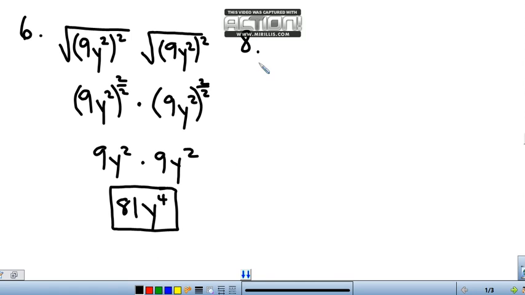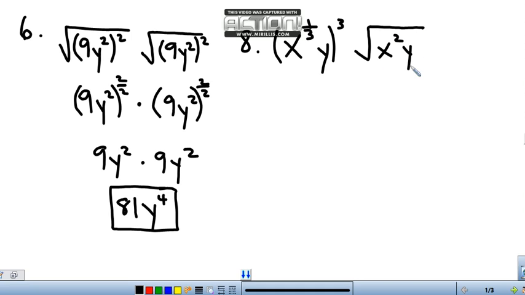Number 8, we have x to the 1/3 times y in parentheses to the 3rd power, and then times the square root of x squared y squared. Right, so let's see.